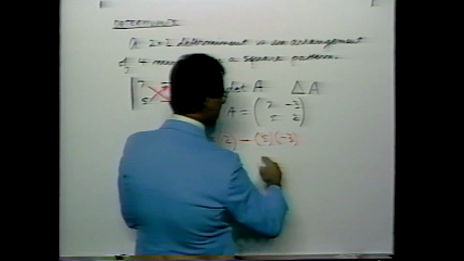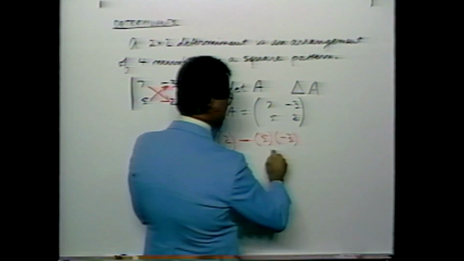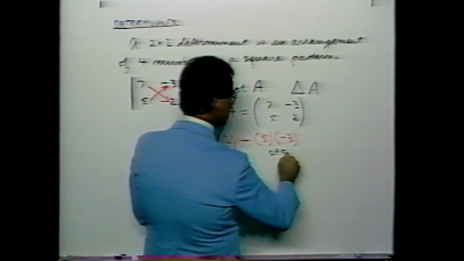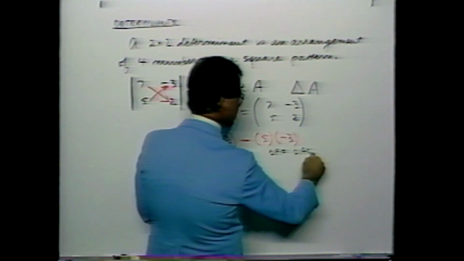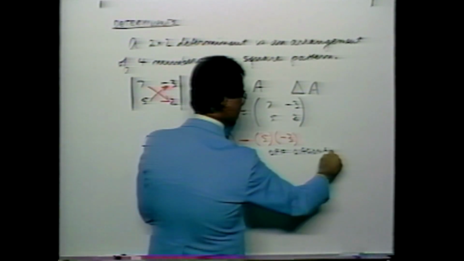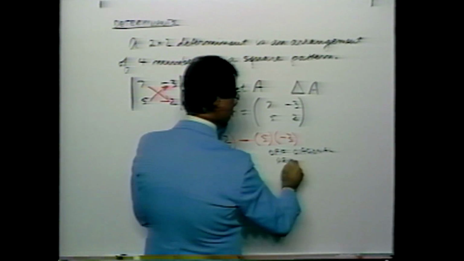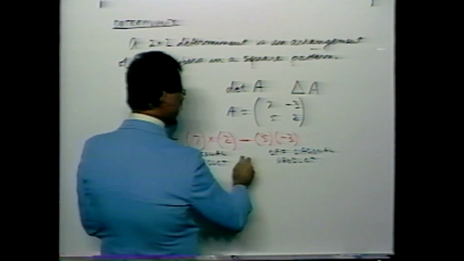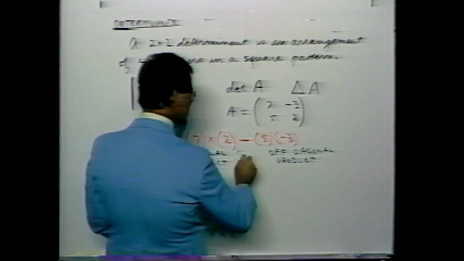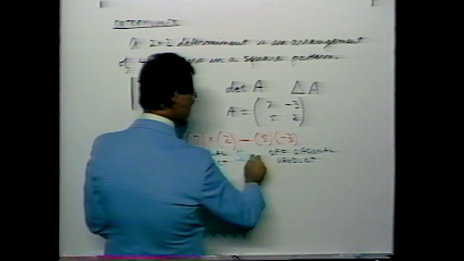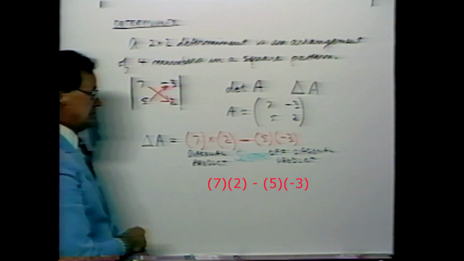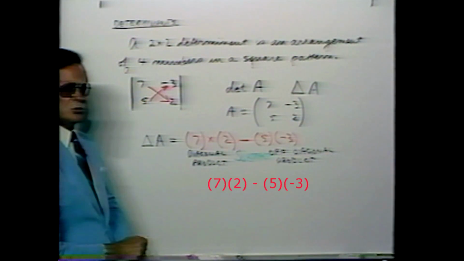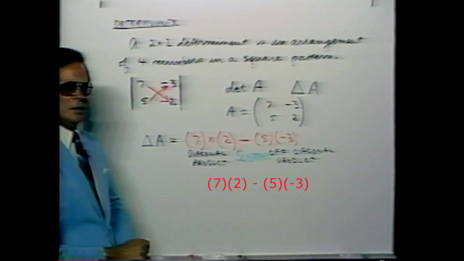And this other, the off-diagonal product. And they must be subtracted. Take the diagonal product and subtract the off-diagonal product.